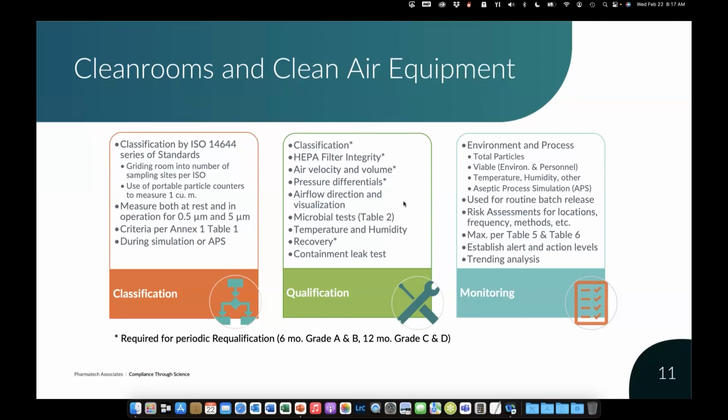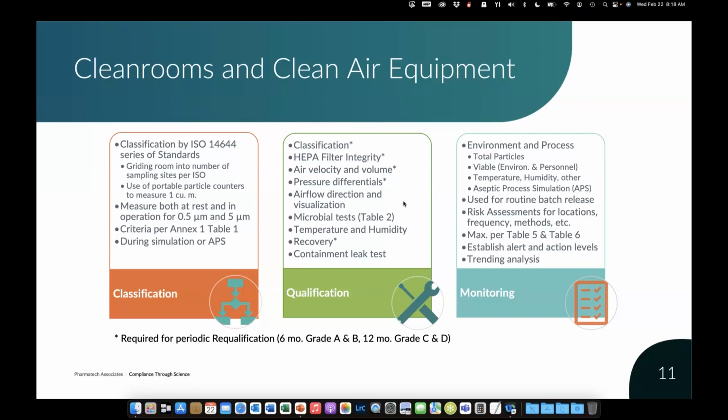I think industry has to deal with that a bit, because it is not a simple task to go in and bring all these portable particle counters in and perform this classification with that frequency. And this is what the Annex 1 states. So we have to decide, is this going to be a full classification per the ISO 14644? Is it going to be some sort of subset? That is still open for debate. So we will have to see how that is particularly interpreted.